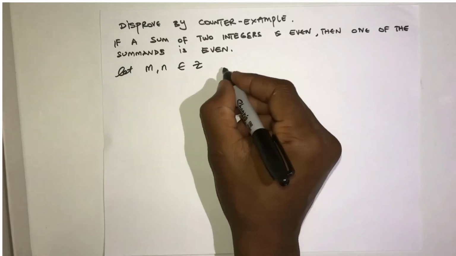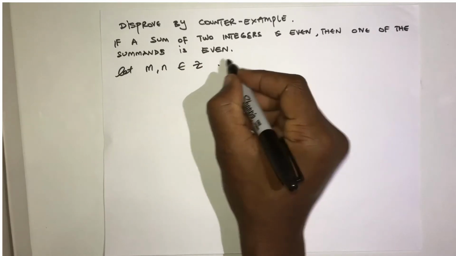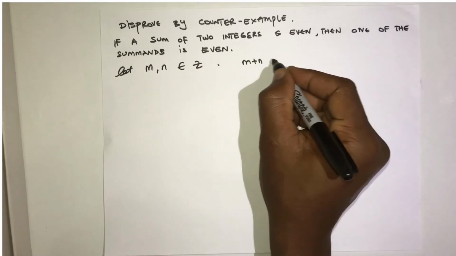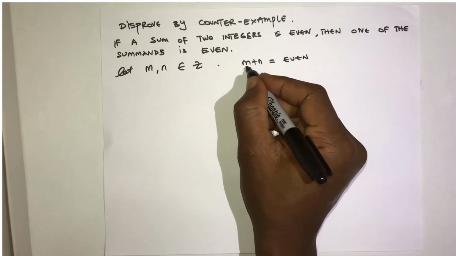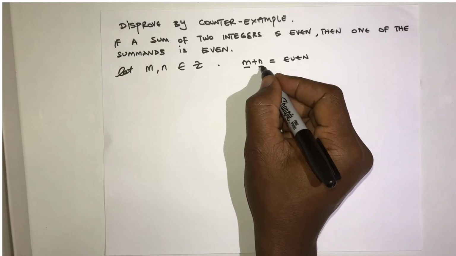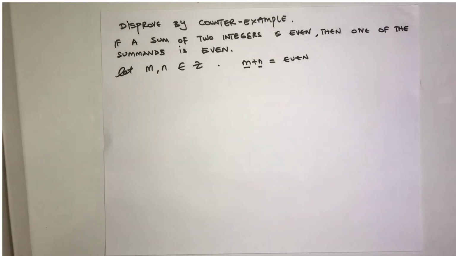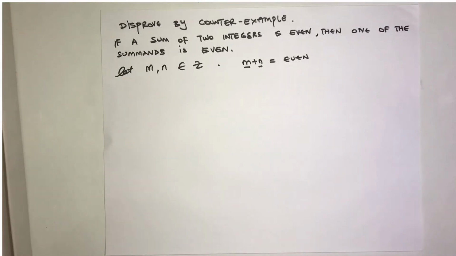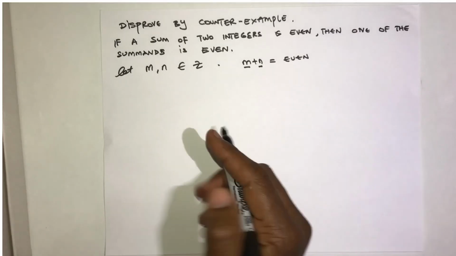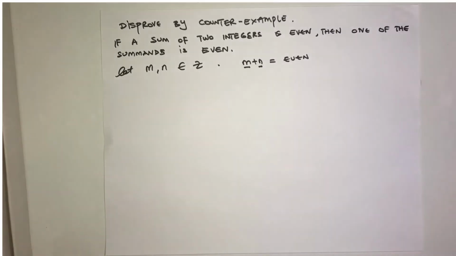So they're saying that if the sum of two integers m and n is even, then at least one of these must also be even. Now we can use two quick ways to prove this by a counter example. The first method is very simple. Just simply find a case that disproves this actual statement.